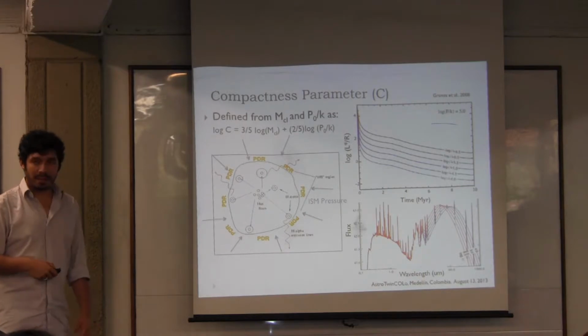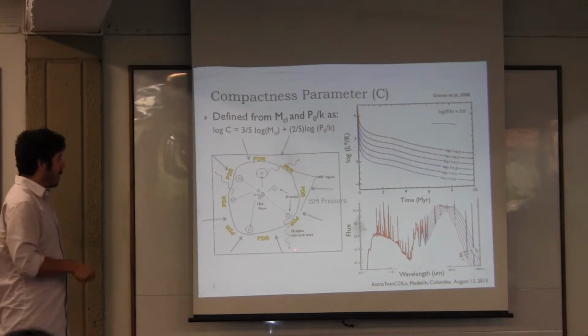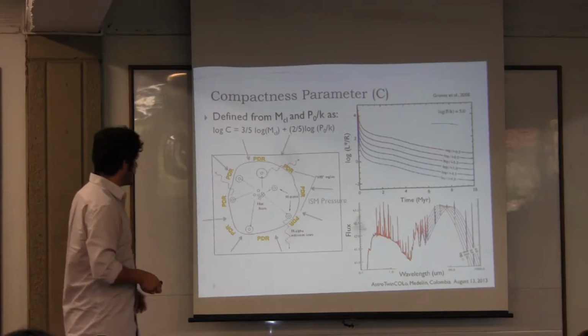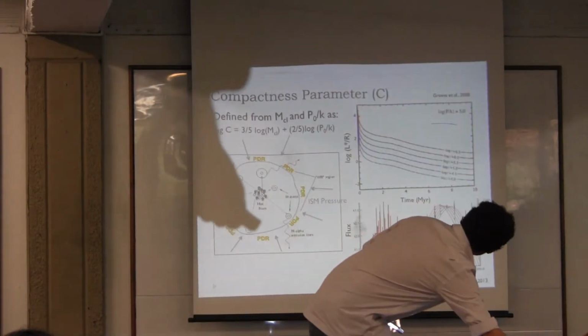We saw this morning about the blackbody curve, and how as you move to hotter dust temperatures, you have the peak of the emission at shorter wavelengths, and that's what you see there. So the compactness is extremely important at telling you where the peak of the emission is in these systems. And so it's a very, very important parameter.